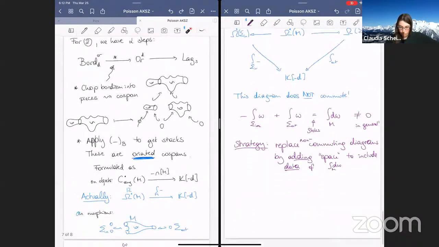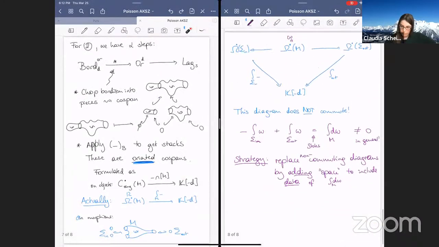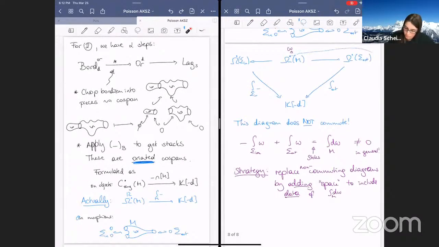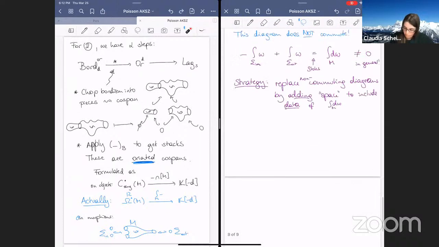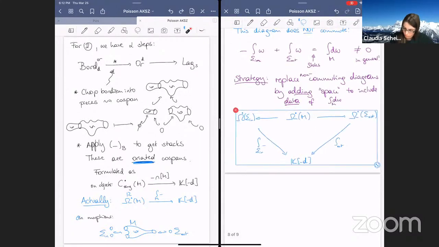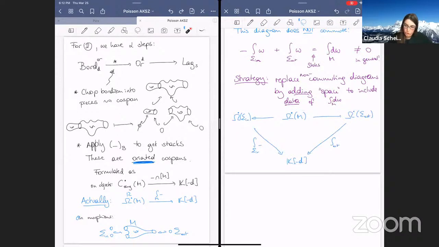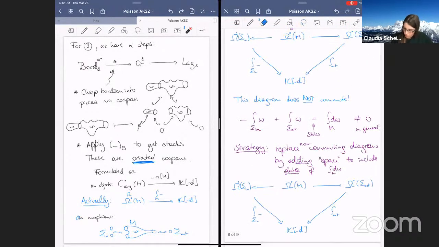Okay. So what is this in practice? Let me take my diagram here again. What we will do in practice is we'll erase these. And now this goes over here. This goes over here. So I added some space in the middle.